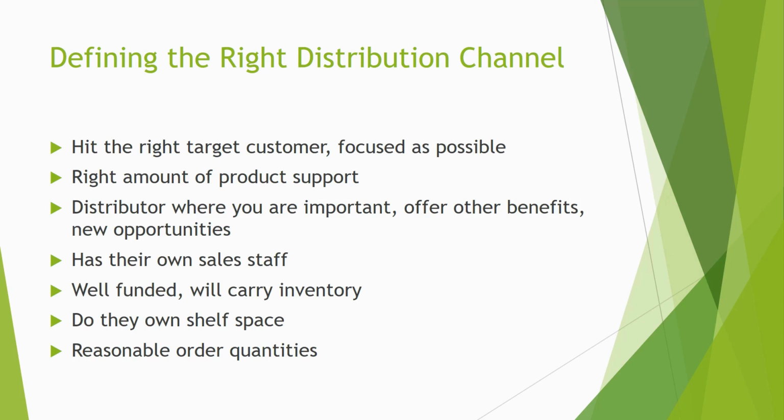Really, people want to buy a complete solution, and they don't want to just buy a product here, a product there, a product everywhere. So the better your distribution channel offers that full-scale solution, the better off you're going to be. Of course, the right amount of product support. I don't know if I've talked about it that much in this series, but I have in others.